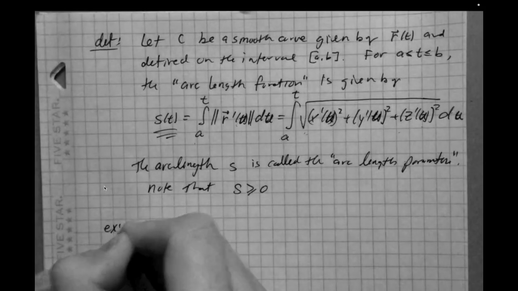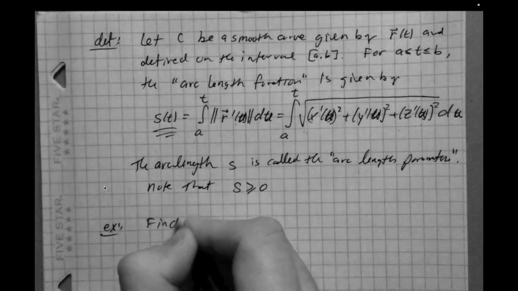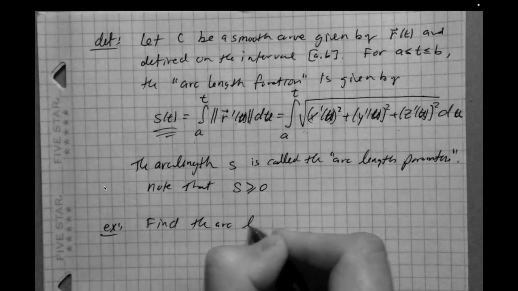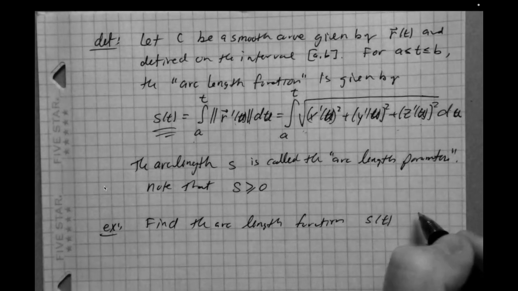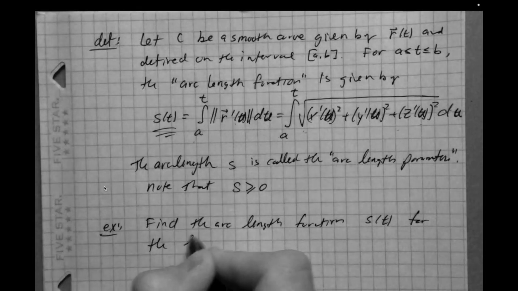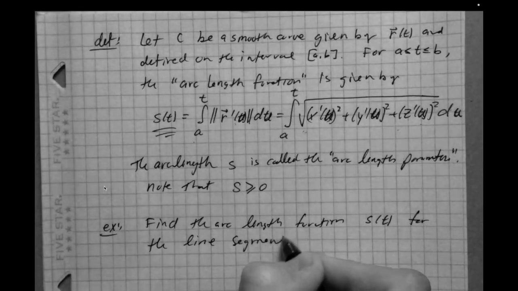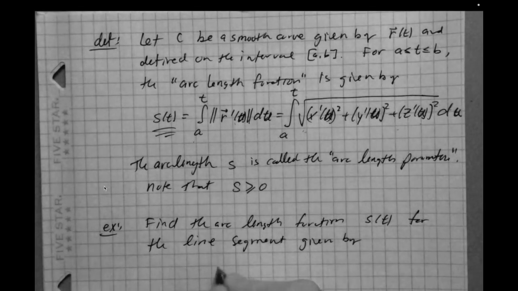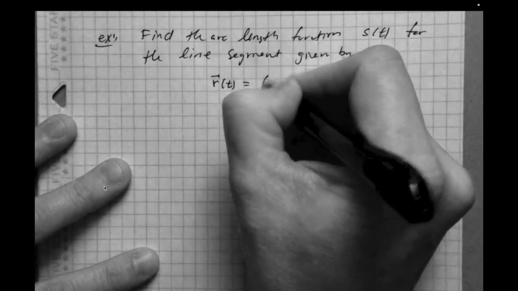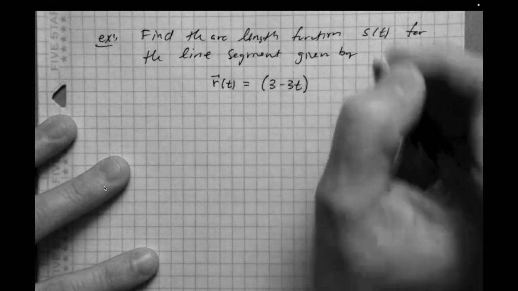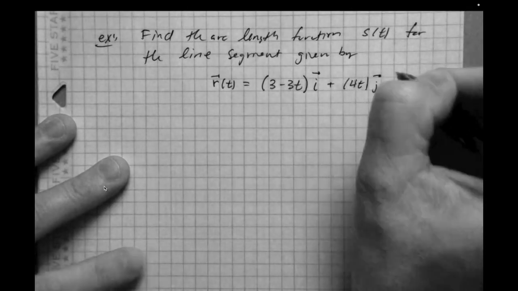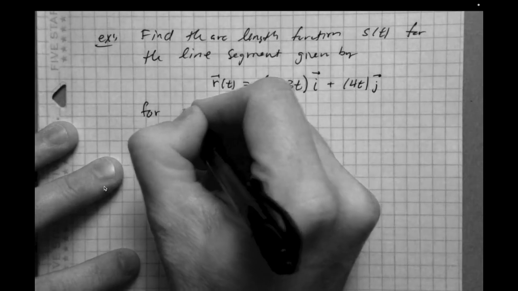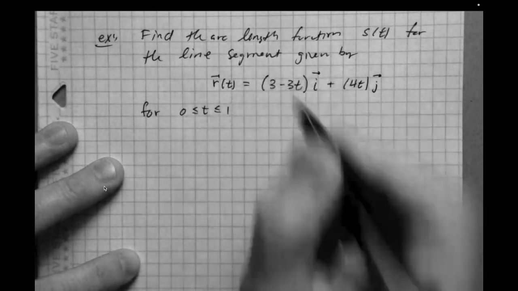See how this works. Okay, so let's find the arc length function s of t for the line segment given by, let's write this vector valued function out, r of t equals 3 minus 3t times i plus 4t times j, for specifically 0 less than or equal to t less than or equal to 1.